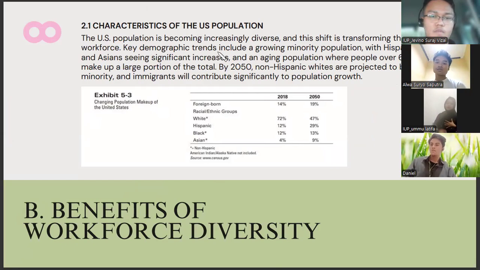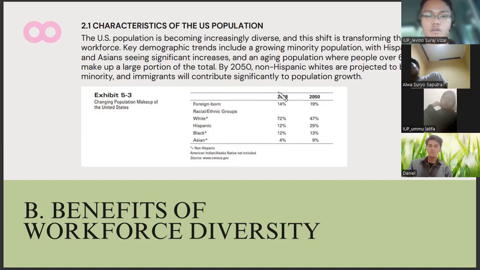Key demographic trends include a growing minority population, with Hispanics and Asians seeing significant increases, and an aging population where people over 65 will make up a large portion of the total by 2050. Non-Hispanic whites are projected to be a minority, and immigrants will contribute significantly to population growth.